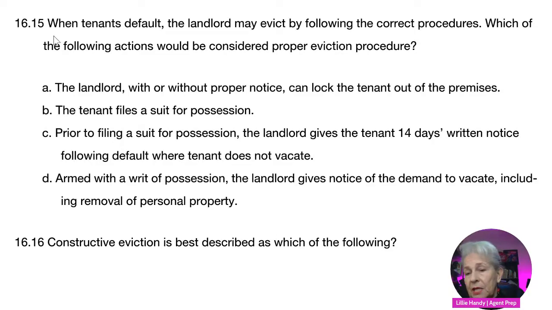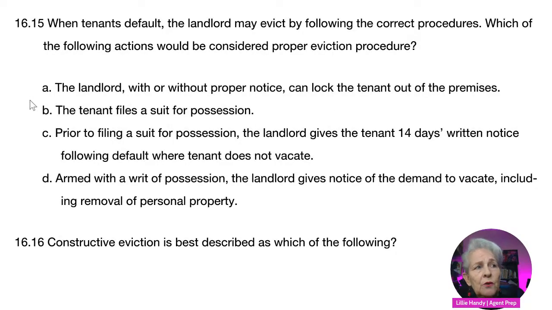Number 15, right? When tenants default, the landlord may evict by following the correct procedures. Which of the following actions would be considered proper eviction procedures? Every state has their own landlord-tenant laws.